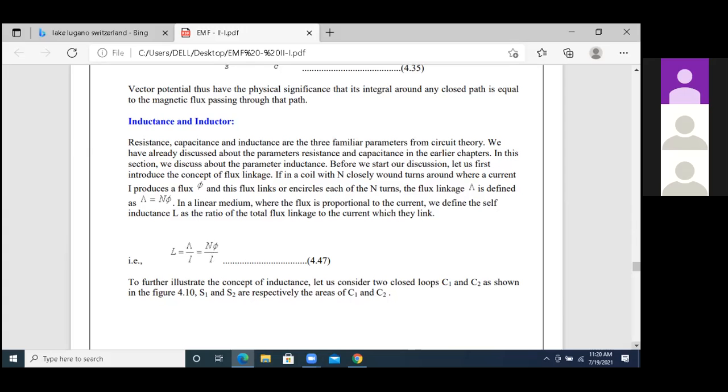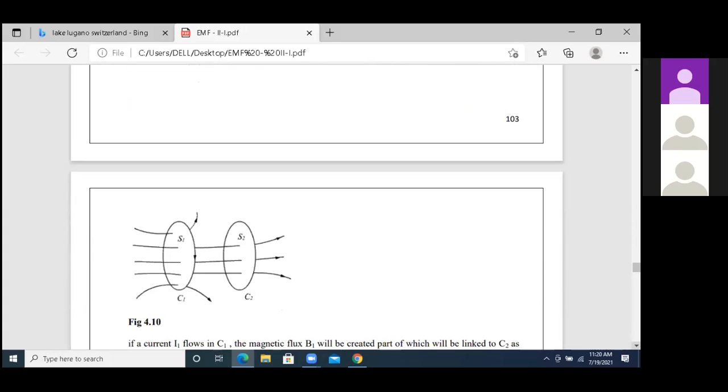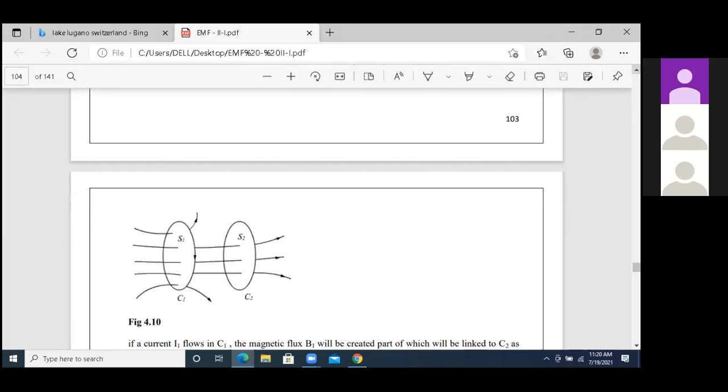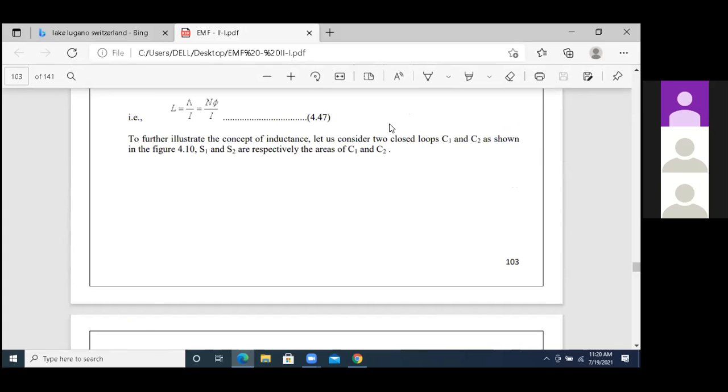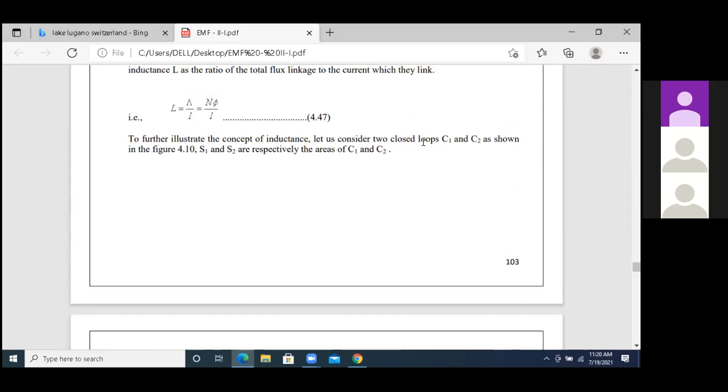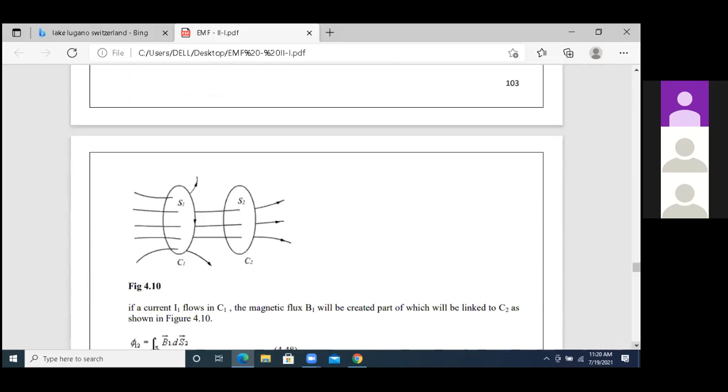Let's look at the figure. So this is the figure. We have two loops, C1 and C2.